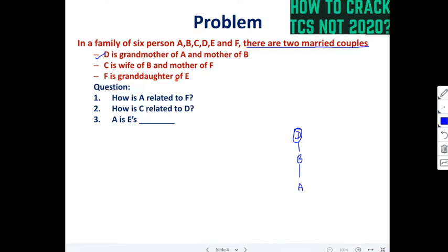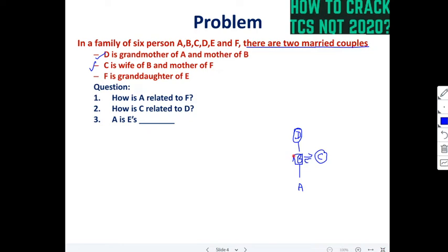Okay. Next, coming to the next input, C is wife of B. Wife means automatically we have to use this arrow. C is wife, naturally female, and since he is married, B is a male.